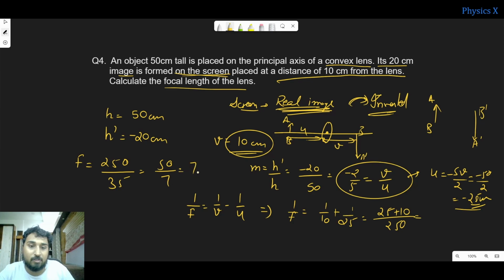So yes, 7.14 centimeter is the answer, right? 7.14 centimeter, you are getting the focal length, correct? So this is how you solve the question.